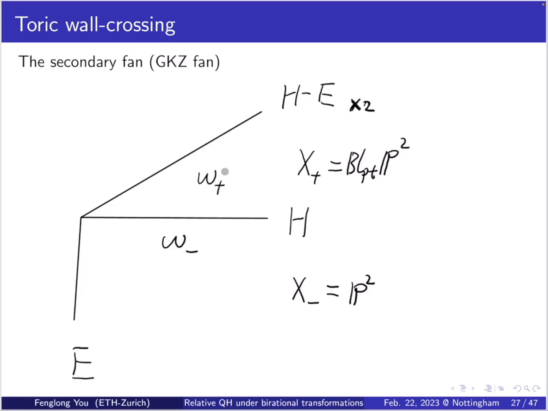This omega plus chamber will give the toric variety X plus, which is the blow up of P2, and if we choose a stability condition in omega minus, then that gives the variety P2. And the wall crossing goes from this plus chamber to the minus chamber. That gives a toric wall crossing, and that gives a birational transformation between X plus and X minus.